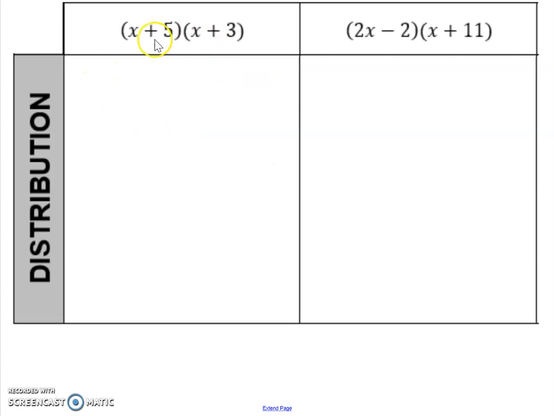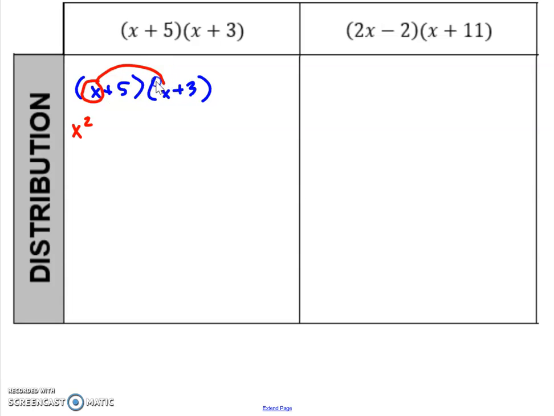Here we go. All right, we have x plus 5 times the quantity x plus 3. So I'm going to write that x plus 5 times x plus 3. All right, distributive property. I'm going to take each term in my first factor and multiply it times all the things in the other factor. Not within, it's travel to the other parentheses, right? So I start with this x and multiply it times x here, which would be x squared.